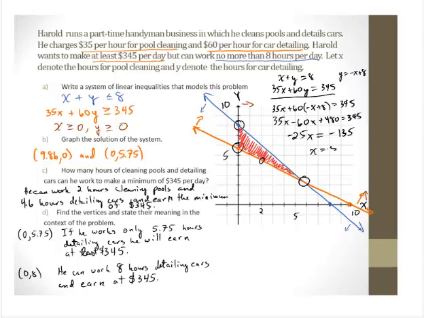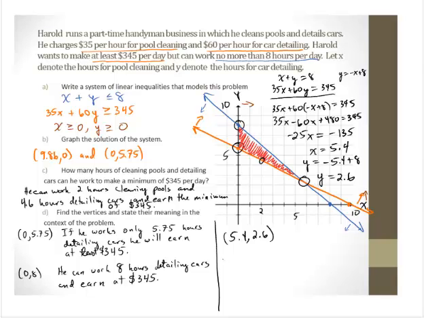Now, if x is 5.4, then y would equal negative 5.4 plus 8. Y would equal 2.6. So, we have (5.4, 2.6).